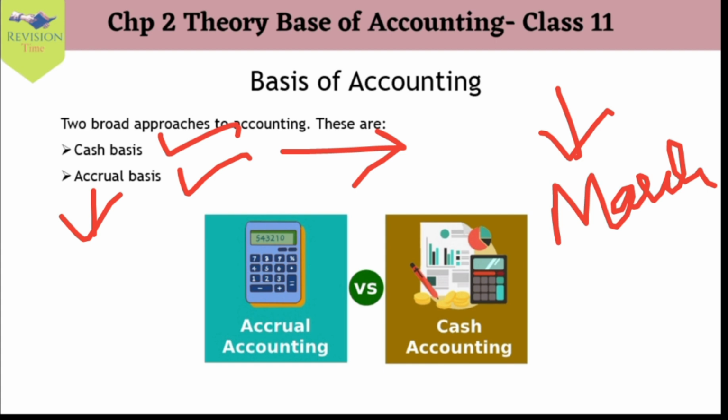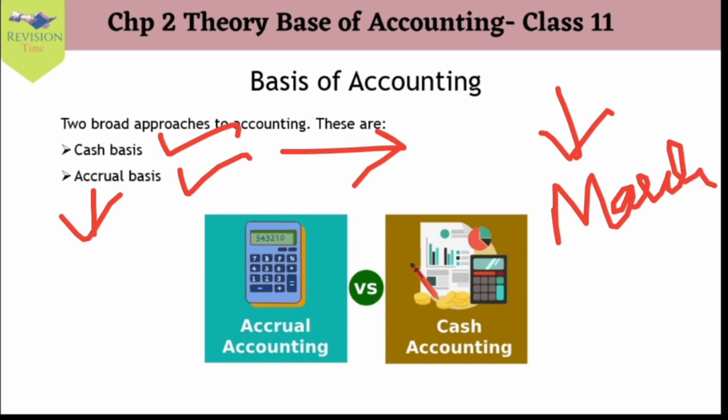Under accrual basis, all the revenue and cost are recognized in the period when they occur rather than when they are paid or received. Now, as we took an example of rent which was to be paid in January but was paid in March, here because it was cash basis, we recorded it only when we got the cash.